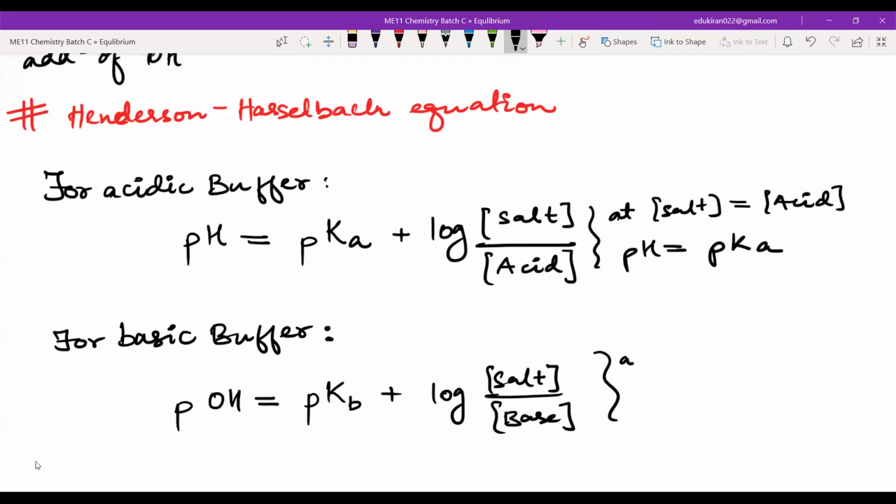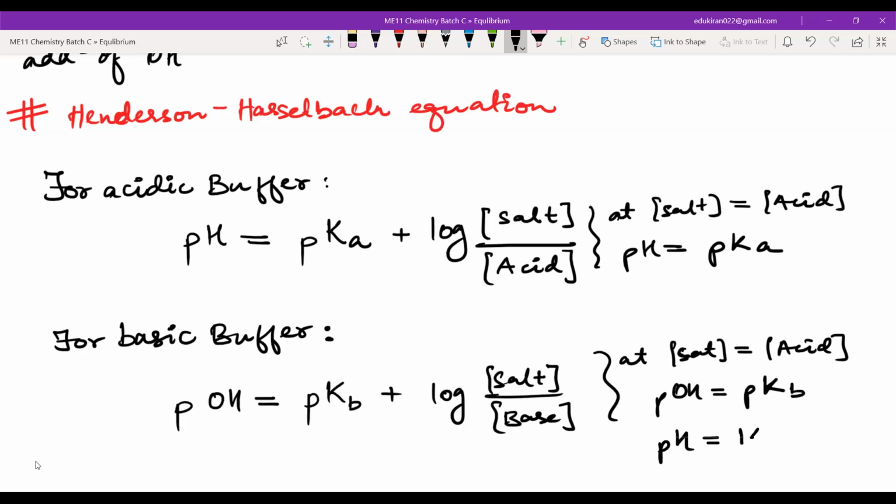And similarly here, if the concentration of salt is equal to the concentration of base, then also the pOH will be equal to pKb, and in this case you can write the pH will be equal to 14 minus pOH, and since pOH is equal to pKb, I can write pKb.